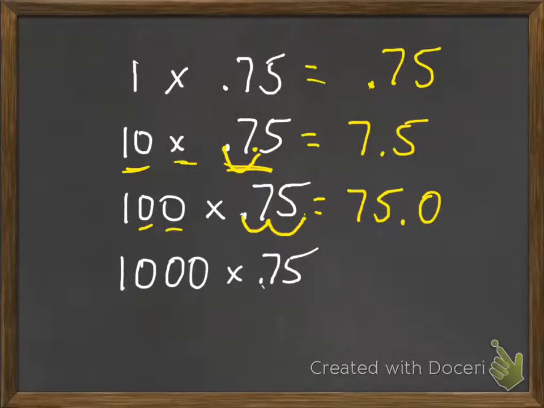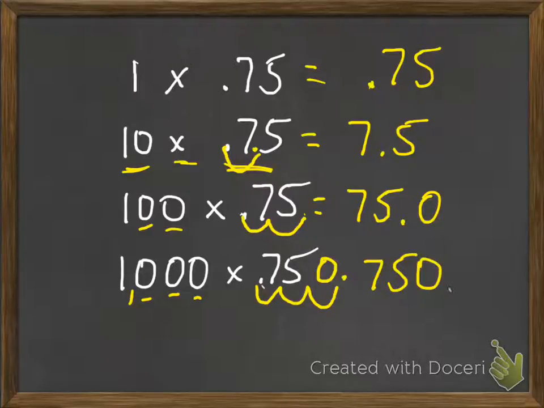And if this pattern continues, if we take 1,000 groups of 7,500s, that means that decimal place is going to move to the right 3 places. So I take 1, 2, 3 places here, and I have to fill this empty space here with a 0. The decimal goes right here, and now my answer would be 750 wholes.